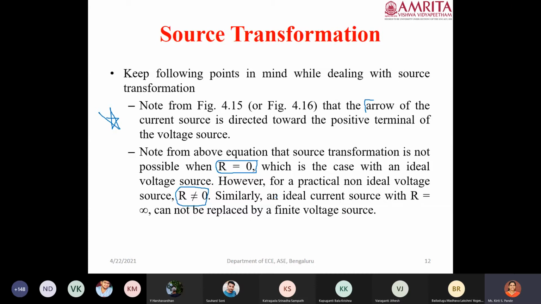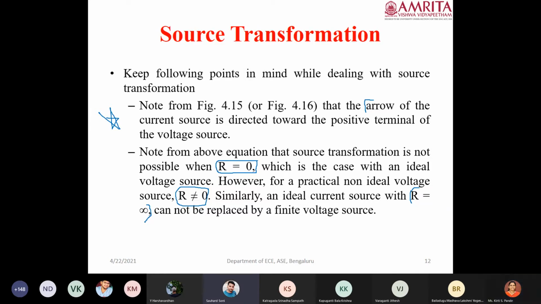If somebody says the current source is an ideal current source, for an ideal current source the resistance will always be equal to infinity. So if the resistance is infinity, which is coming in parallel with the ideal current source, then source transformation cannot be applied. That means you cannot convert such a current source to a voltage source. Is that clear?